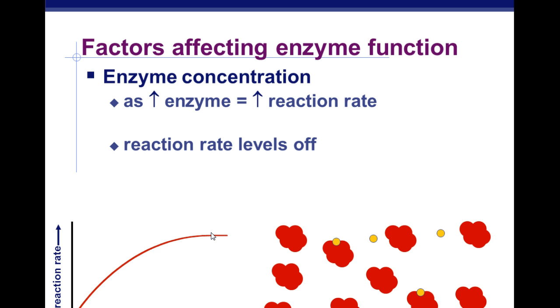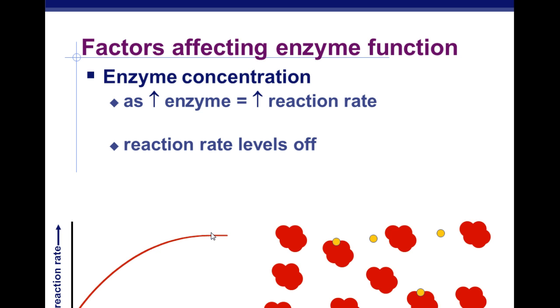No binding, no reaction. No reaction means a drop in the reaction rate, right? So the substrate becomes the limiting factor here because it will eventually run out and the enzymes will have nothing to bind with. In other words, not all enzyme molecules can find a substrate to bind with.